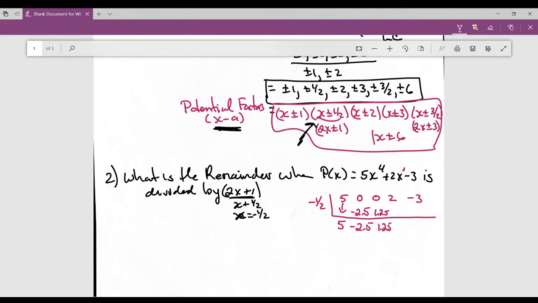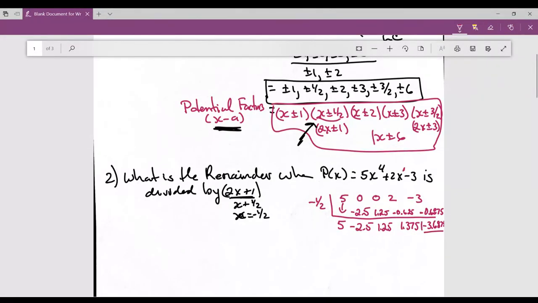Negative a half times that is negative 0.625. 2 plus that is 1.375. And negative a half times that is negative 0.6875. Add those together, negative 3.6875. That is your remainder.